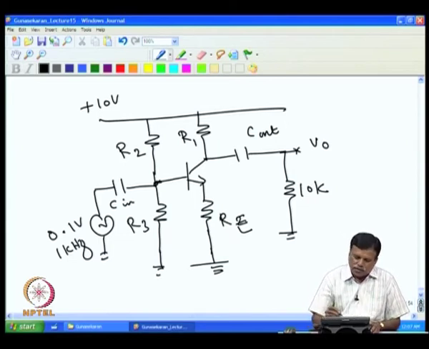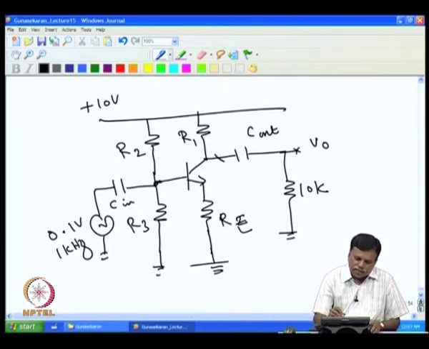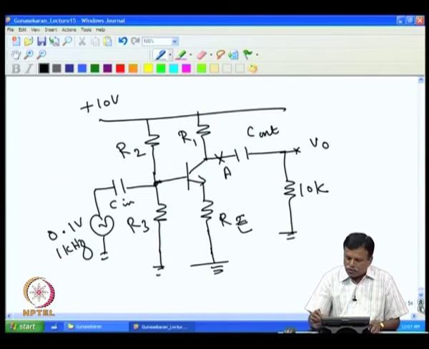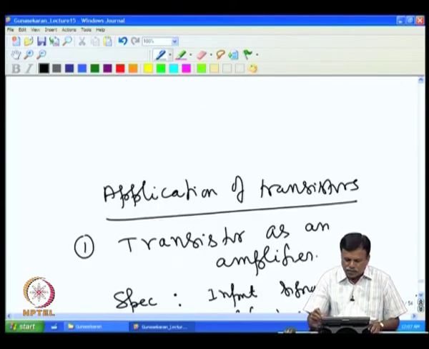In all these designs, it is better to keep the operating point, that is this point, at mid value of the power supply. Power supply voltage is 10 volt. So, I call this point A. Without any input signal, keep this point A at half of the supply voltage.